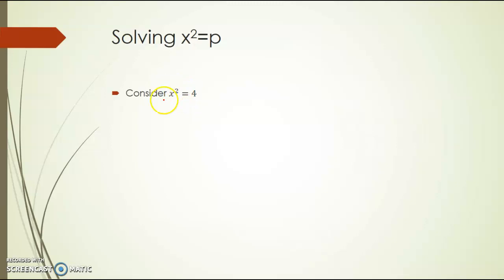So here I'm squaring an unknown. And just like when we were doing 2x equals 10, and here we had multiplication, and the inverse of multiplication is to divide, so I'd get x equals 5. Here, I need to do that inverse operation. So the inverse operation is to do square root.